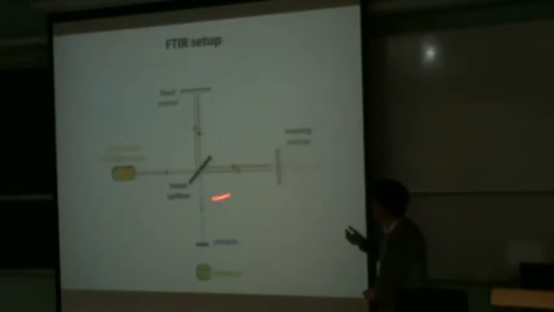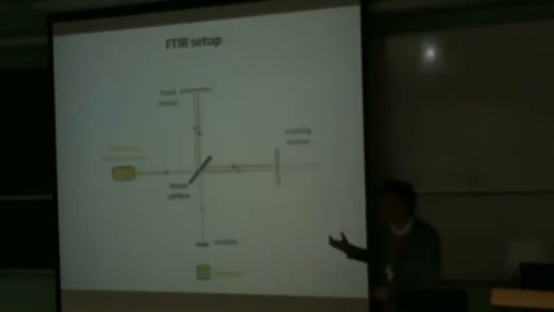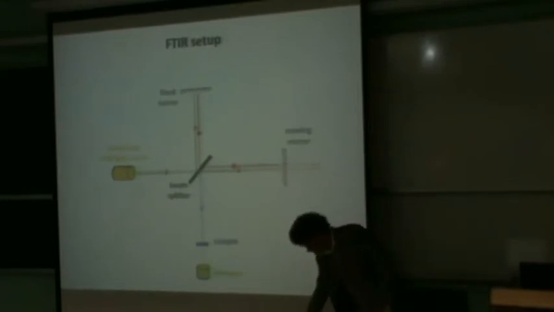You then have a Michelson interferometer, which consists of a fixed mirror and a moving mirror here, which might give you car sickness or something if you watch it too long. But basically, what that creates is an interferogram of light, changing in intensity as a function of the moving mirror position and the path length.